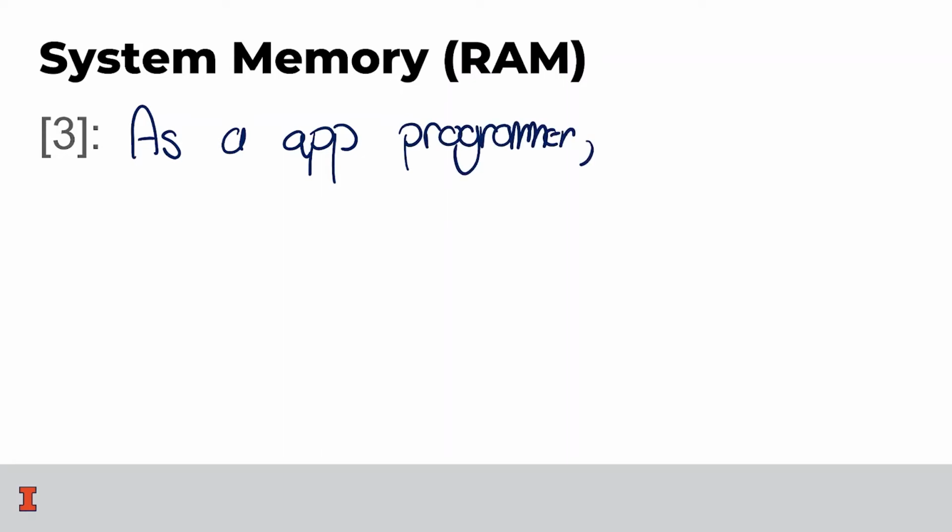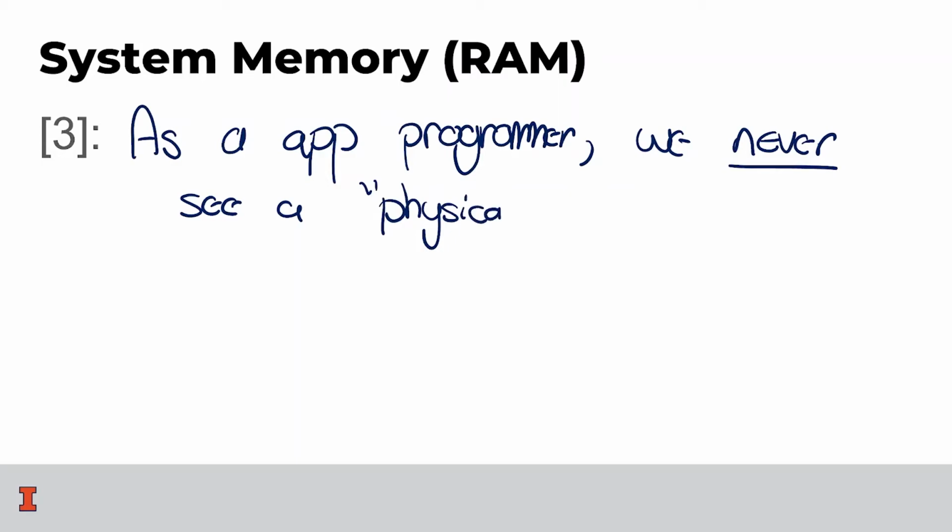The third thing to learn about physical memory is, as an app programmer, we never see a physical memory address. Every single memory address you see in every single program you've ever programmed is not the address where it is physically on RAM.